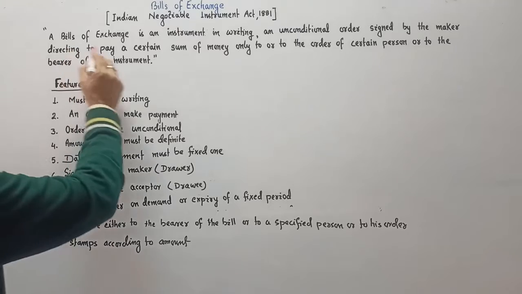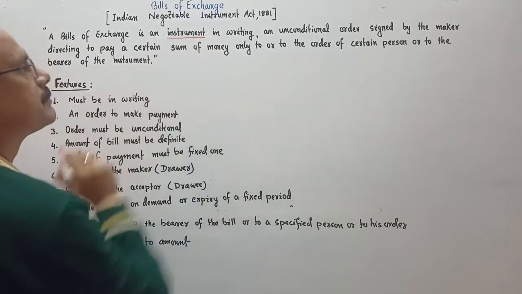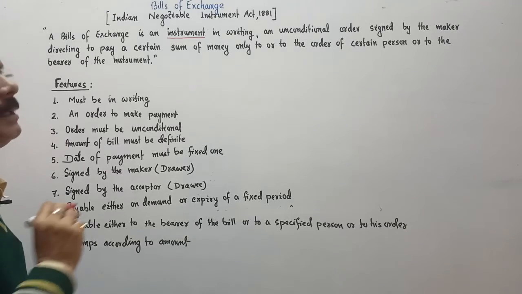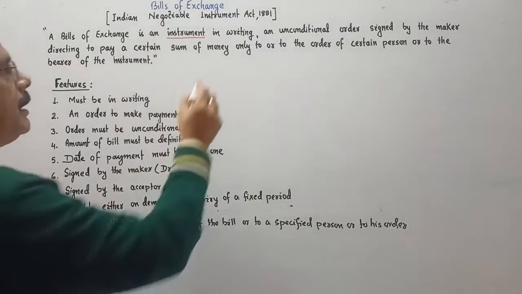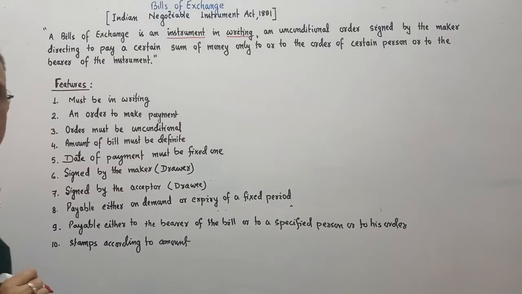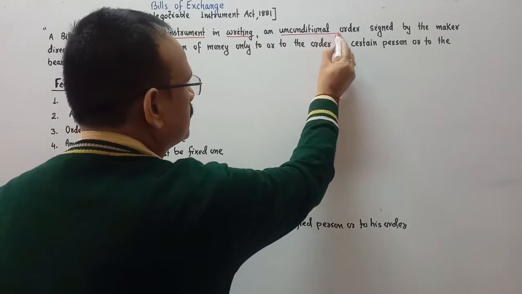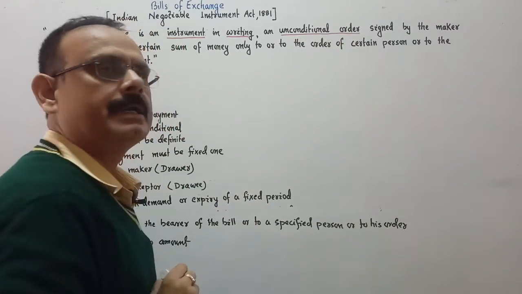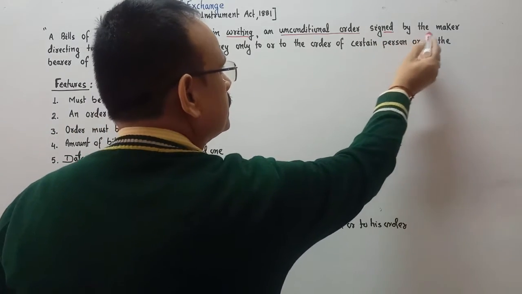So under this definition, bills of exchange is an instrument. It's an instrument because it comes under the Negotiable Instrument Act. This must be in writing, another important thing. Unconditional order signed by the maker.